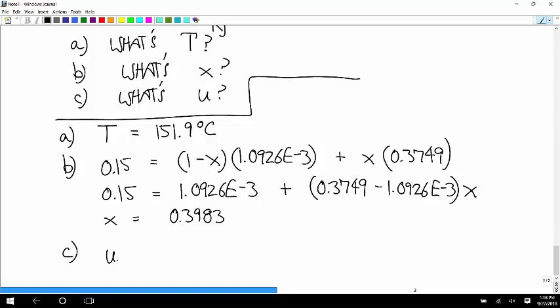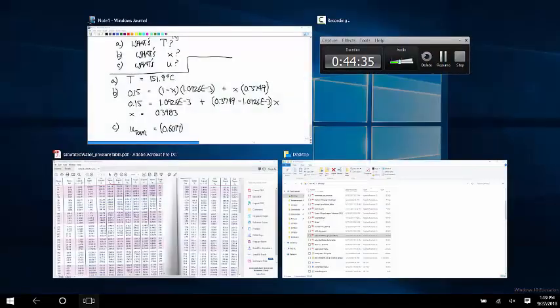So we know that the total specific internal energy is equal to 0.6017, that's 1 minus 0.3983, times the specific internal energy for the liquid.